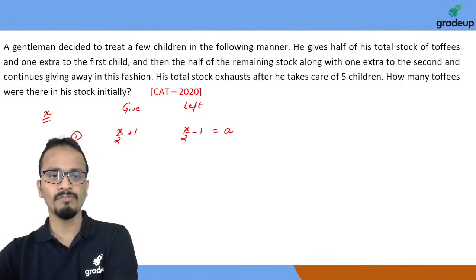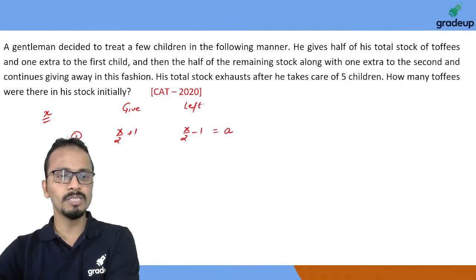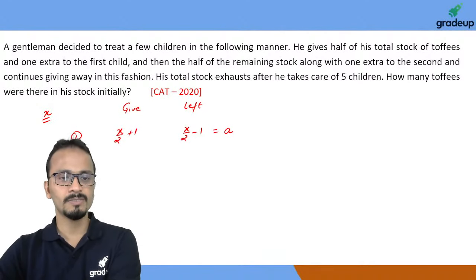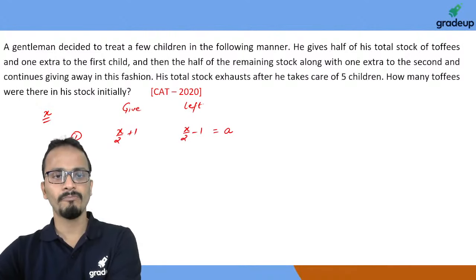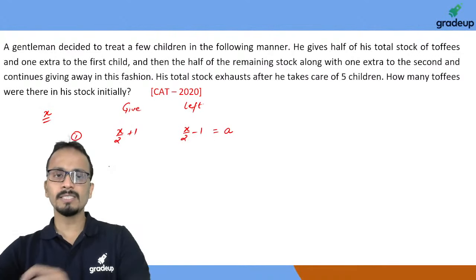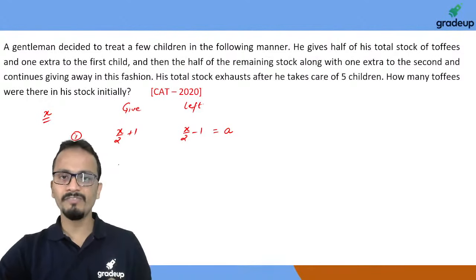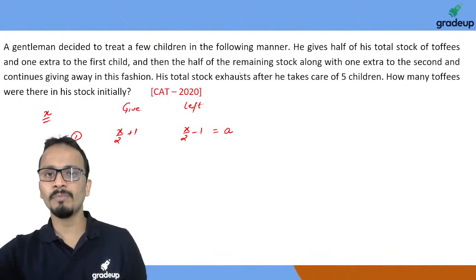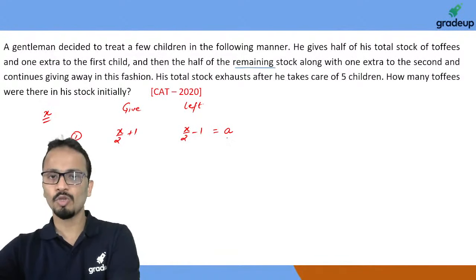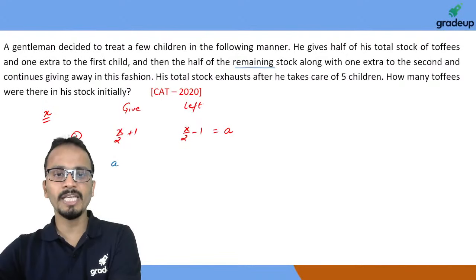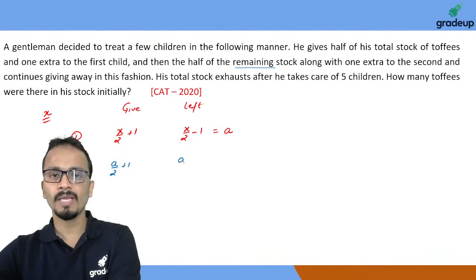Now let's talk about the second child. When the second child arrived, the remaining number of toffees is A. To the second child, he will give A by 2 plus 1 and he'll be left with A by 2 minus 1.